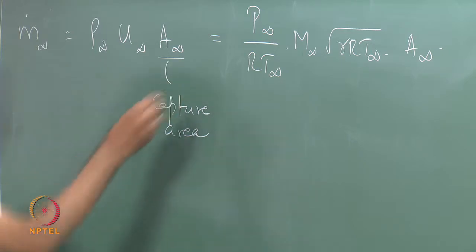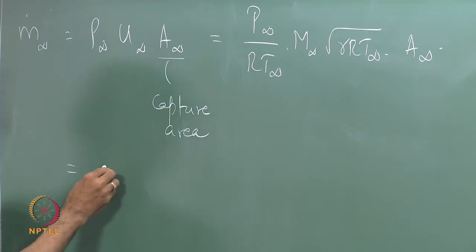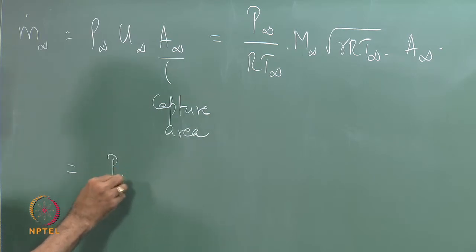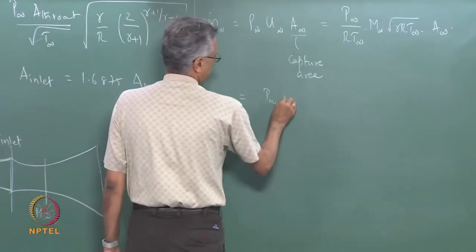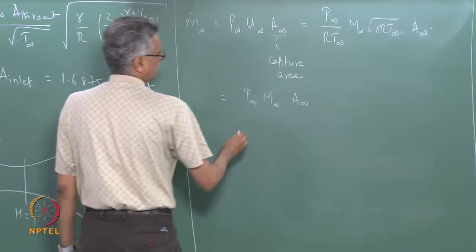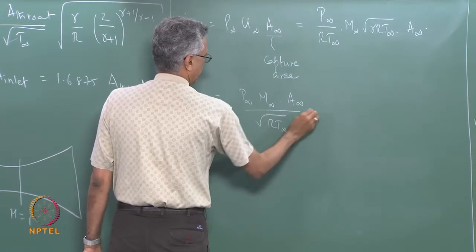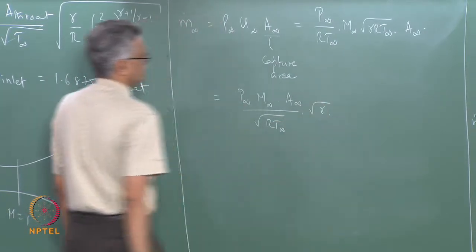so this can be simplified to read like this: P infinity times M infinity times A infinity divided by square root of R times T infinity times square root of gamma.